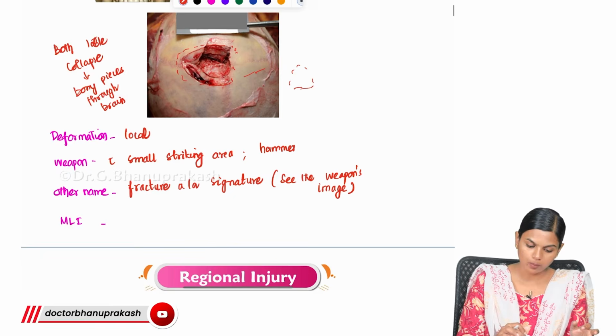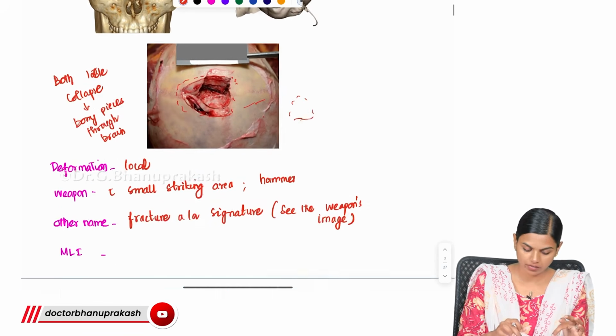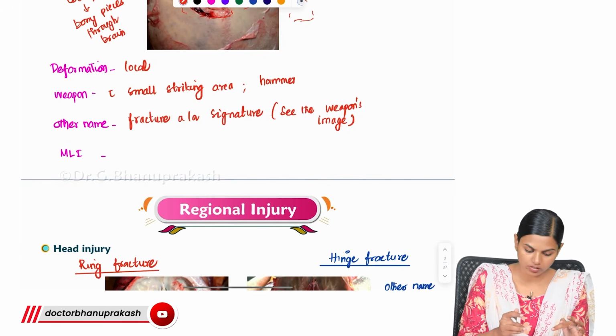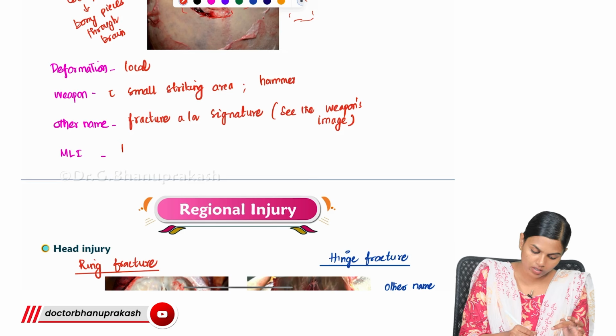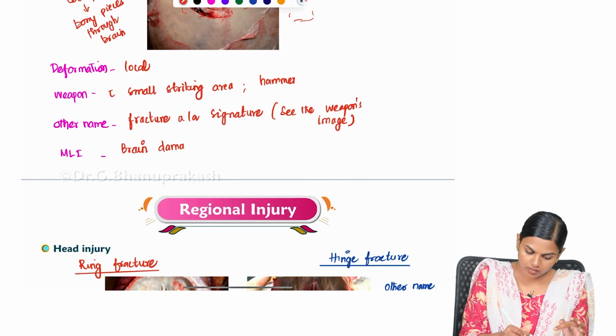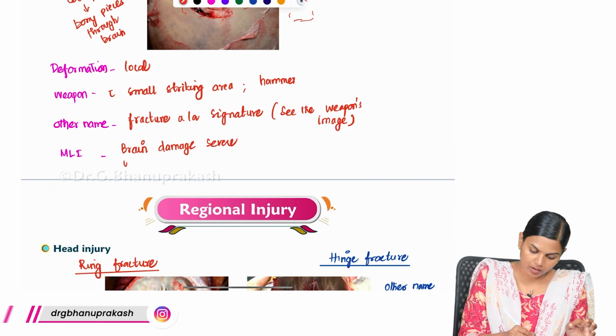So this is the important thing about this depressed fracture, and the medico-legal importance is that it can lead to severe brain injury. Brain damage can be severe, and it can help in weapon identification.